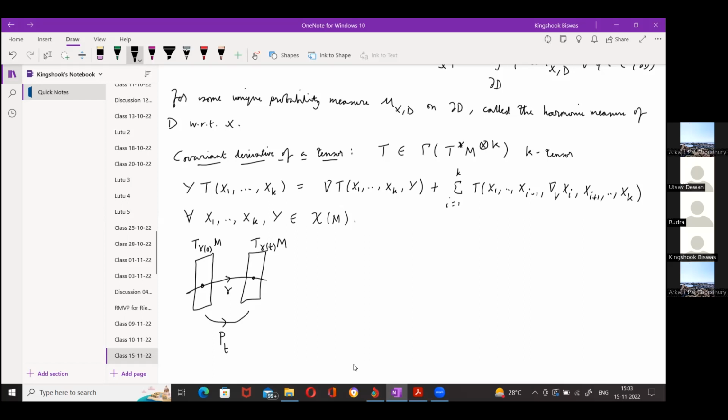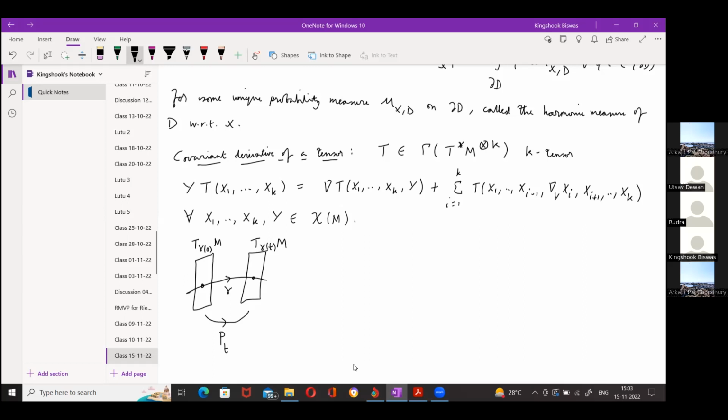A tensor is a multilinear function on each tangent space, right? So the thing is, at different points, my tangent spaces are different. So my multilinear functions are defined on different vector spaces. So I cannot compare them, right? So what can I do?